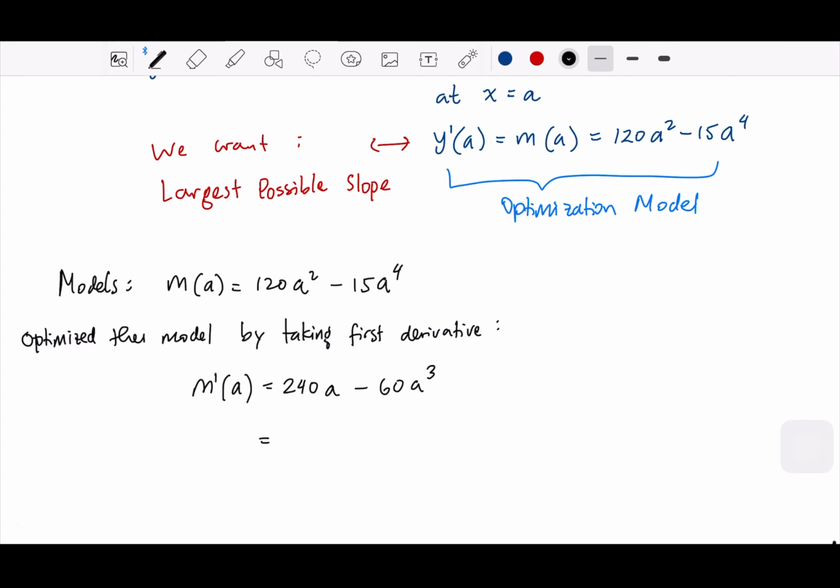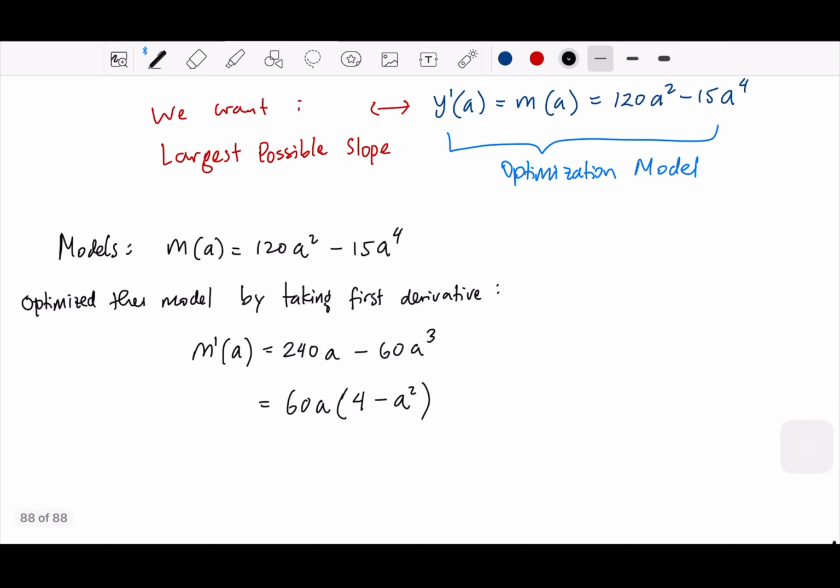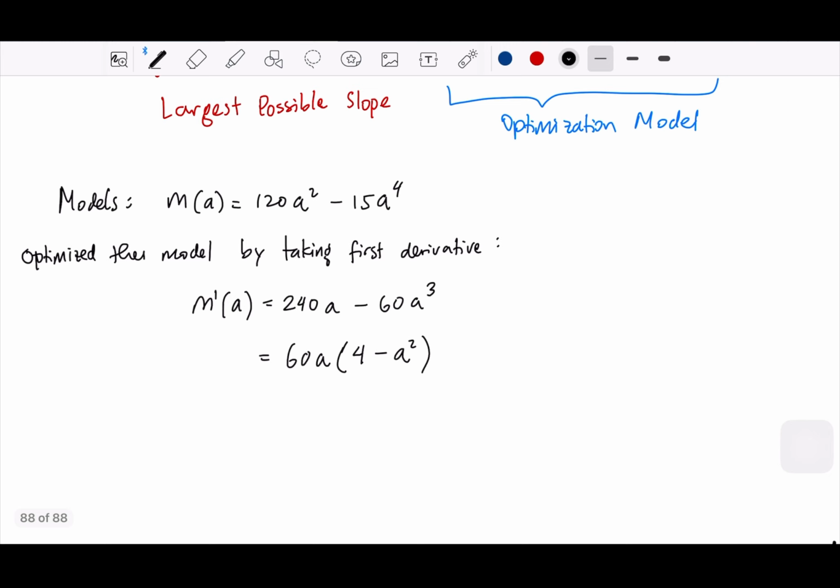We can factorize, I think, 60a is 4 minus a squared, right? And we can take that when it is equal to 0.